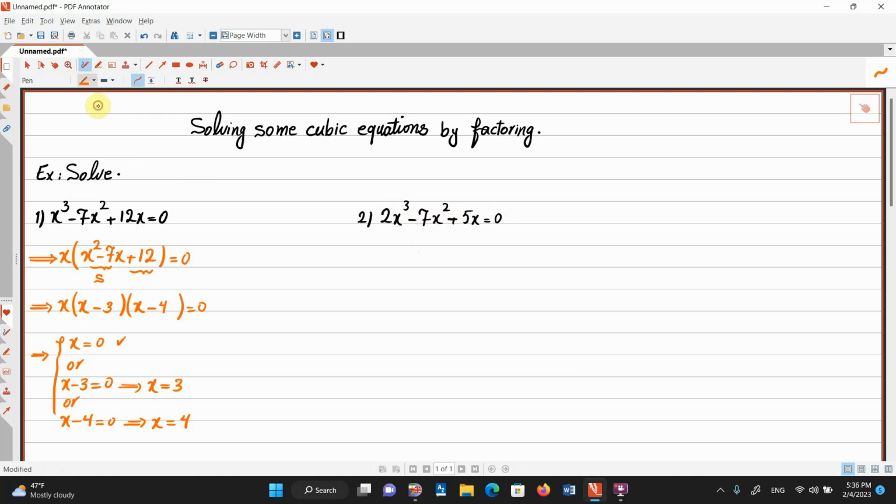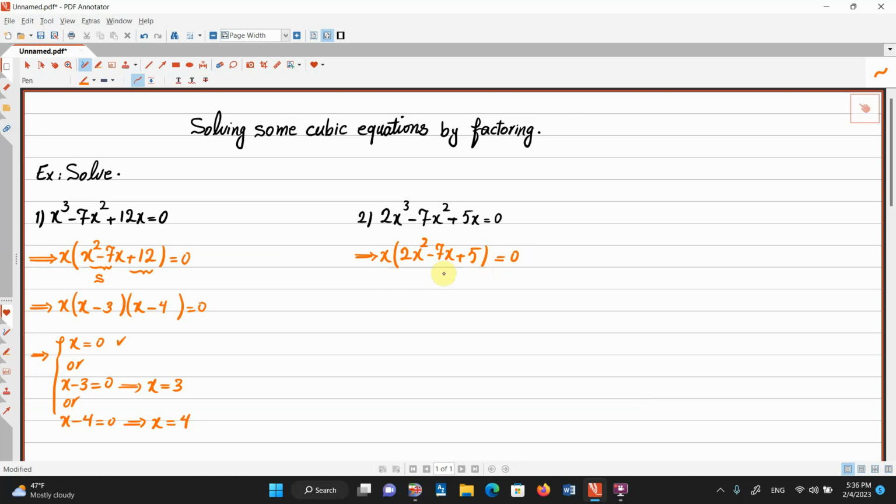As I explained in the previous one, at first step, we should factor out x. After factoring out x, we have inside the parentheses 2x squared minus 7x plus 5 equals 0.